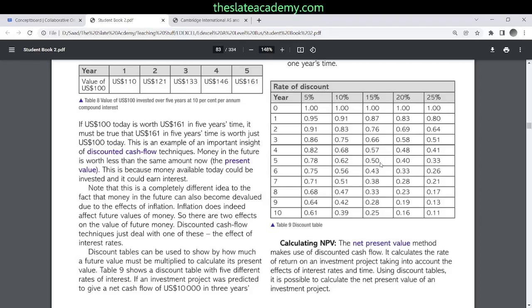So the formula is 1 over (1 plus i) raised to the power n. What is i? i is the interest rate or discount rate. And what is n? n is the number of periods.